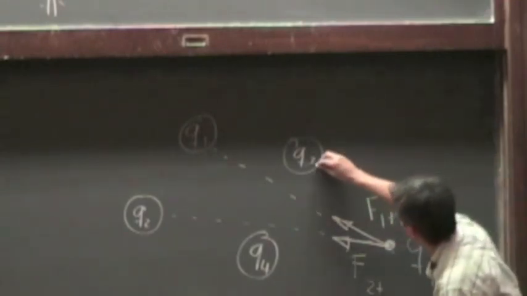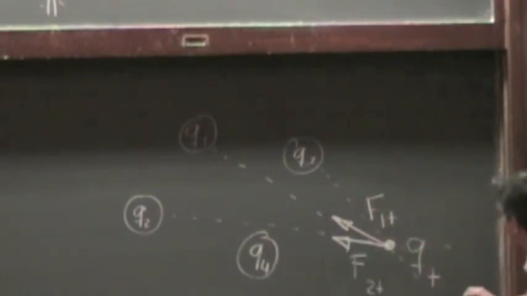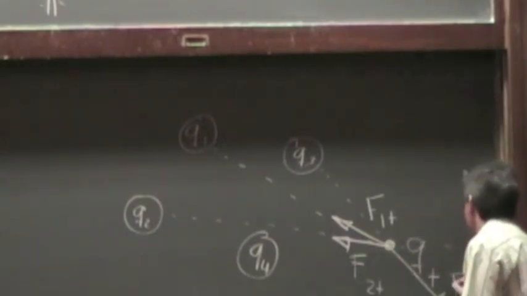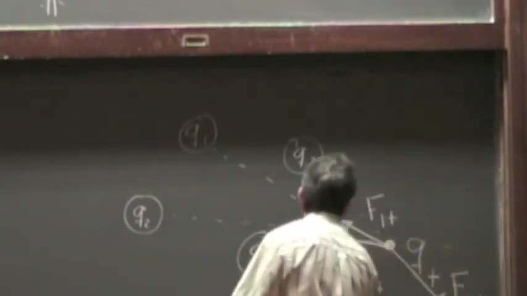Then we have 3, which is over here. And let's say that that force is repulsive, so it's a vector like this, 3t. And finally, number 4, it's a force that acts along this line, and let's say again that it's repulsive. So 4t.